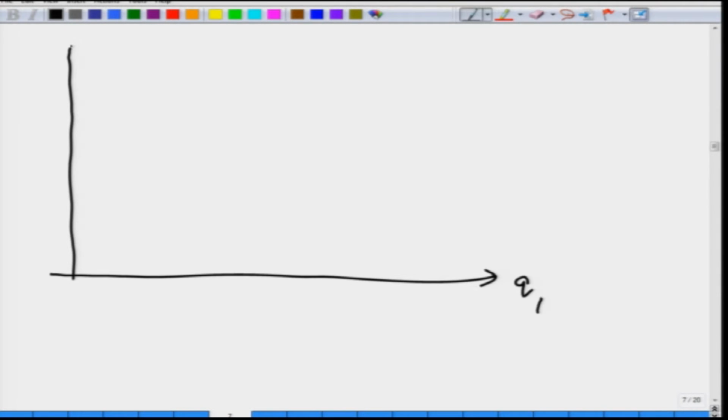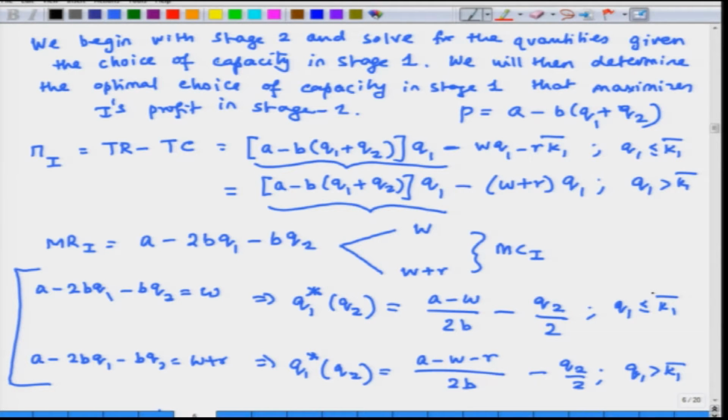this is Q1, this is Q2, and let us say I have a K1 which is here, a K1 bar which is here. Now, to the left of K1 bar, the best response function is A minus W divided by 2B minus Q2 by 2. When Q2 is 0, when the entrant does not produce anything, the incumbent is producing the monopoly output A minus W divided by 2B.